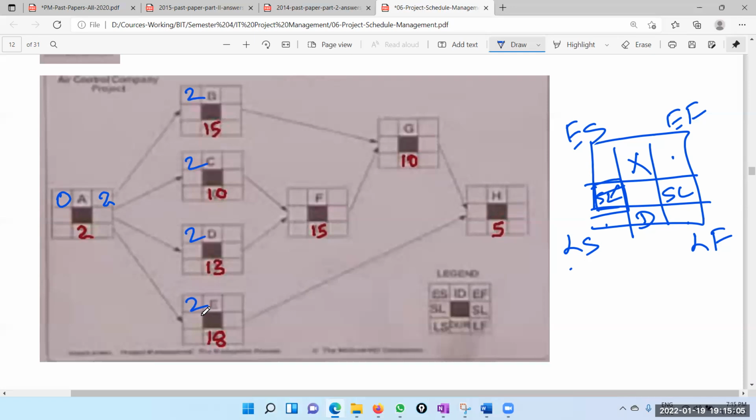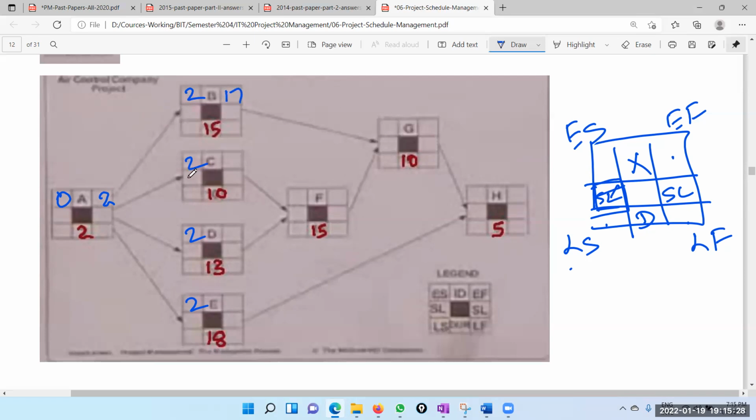Second day means at the end of the second day, basically. So this is at the end of the 0th day, that is the beginning of the first day. This is at the end of the second day, earliest finish. So this is at the end of the second day or the beginning of the third day. Right. So this takes 15. Therefore, this is 17, earliest finish.